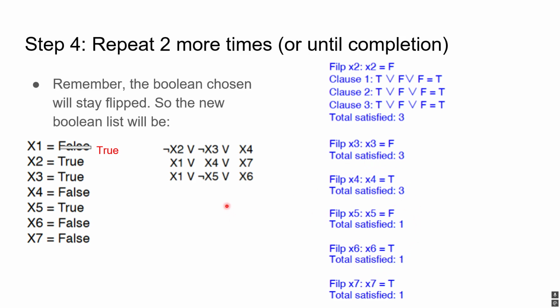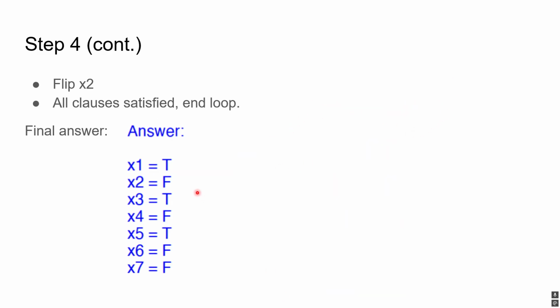So again, after you take it, you'll check which one satisfies the most, x2, x3, x4. You will then choose the one that comes first alphabetically, and that will be x2. And finally, you flip x2, and afterwards all of the clauses are satisfied, so you will end the loop.